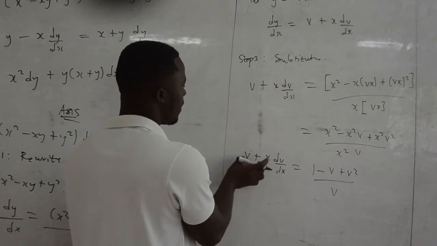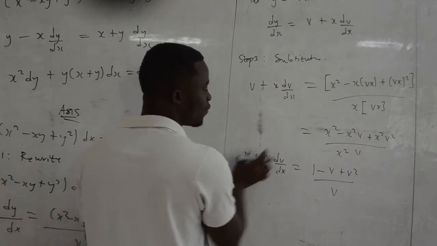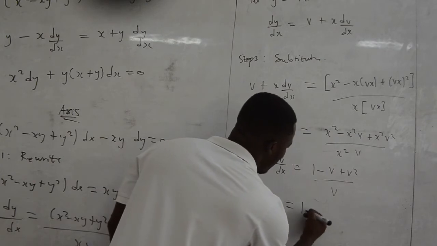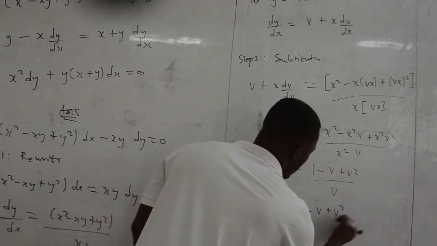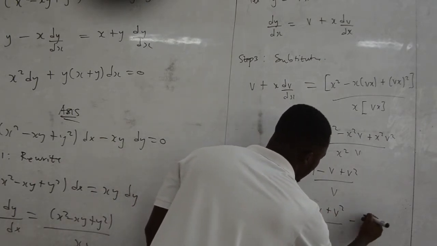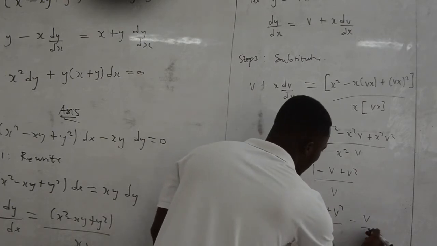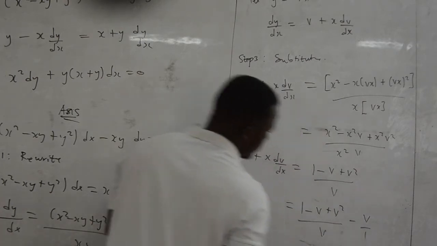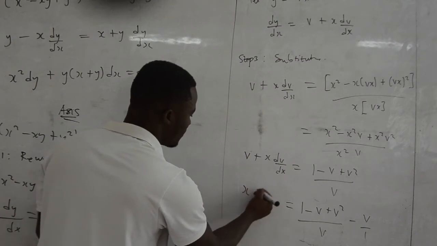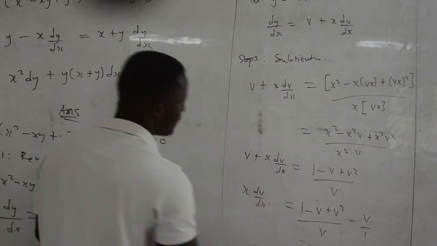Then I'll group it like this. I'll send this v to this side. Then I'll have something like 1 minus v plus v squared all over v minus v. Then here too will be x dv/dx.